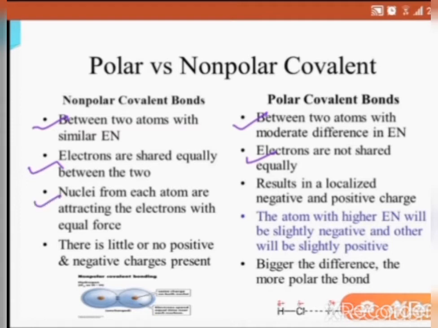On the other hand, in polar covalent molecules, the electron pair is not equally attracted. One atom attracts the lone pair more towards itself than the other. As a result, the atom with higher electronegativity will be slightly negative and the other will be slightly positive.